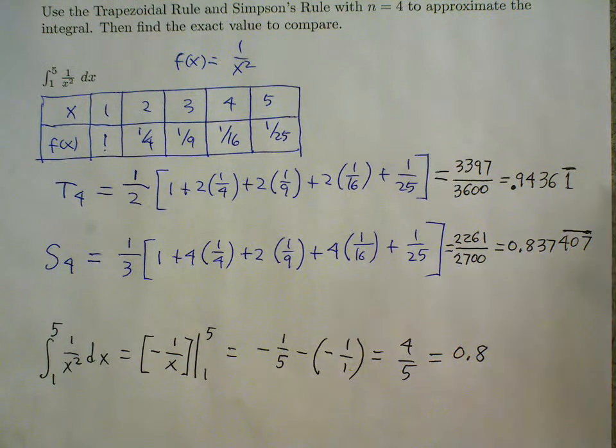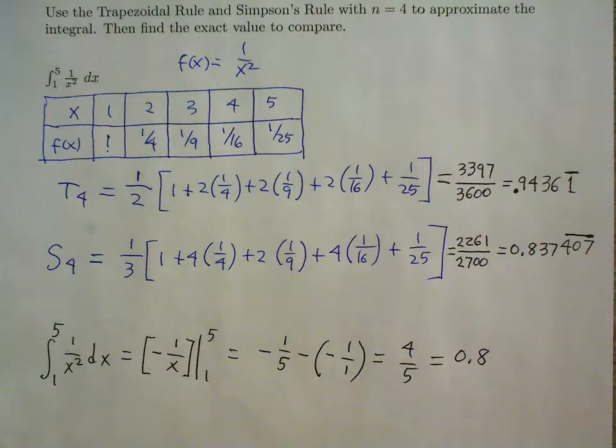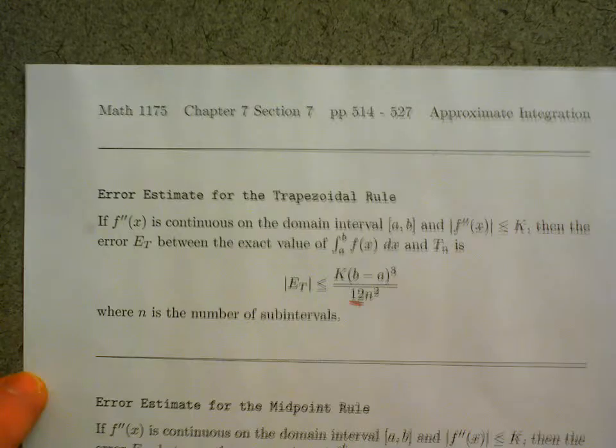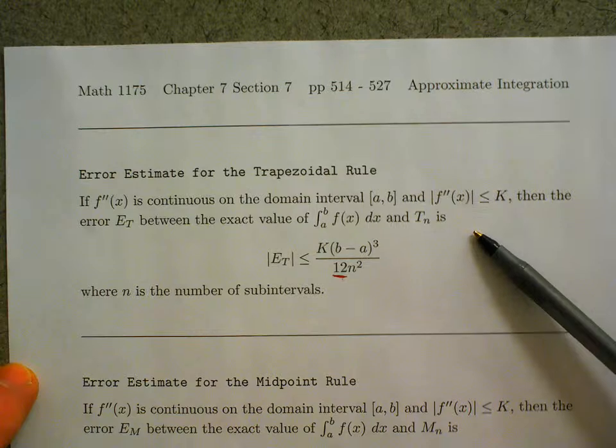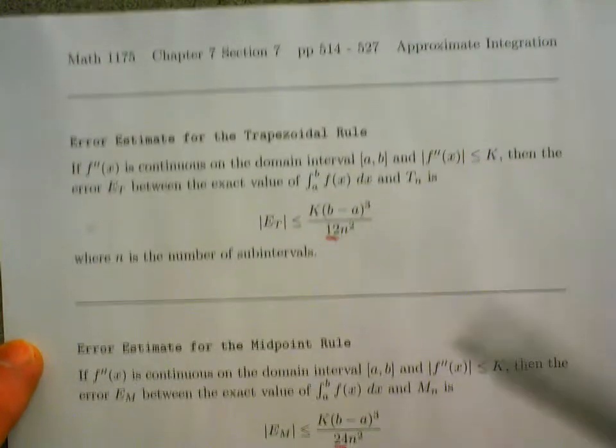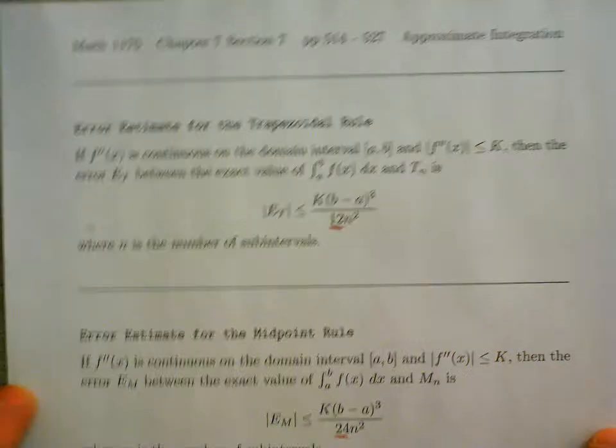So comparing the trapezoidal rule with Simpson's rule, it looks like Simpson's rule is quite a bit closer than the trapezoidal rule. We also looked at the error estimates for the trapezoidal rule, the midpoint rule, and Simpson's rule.